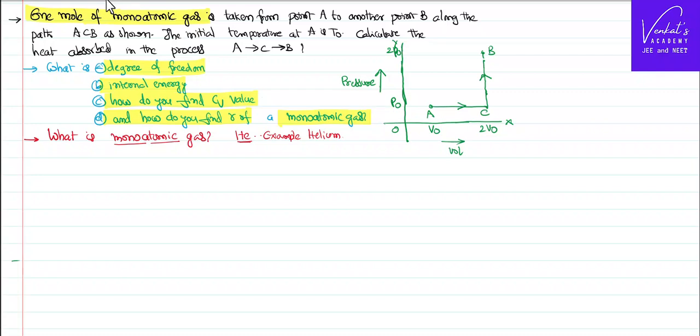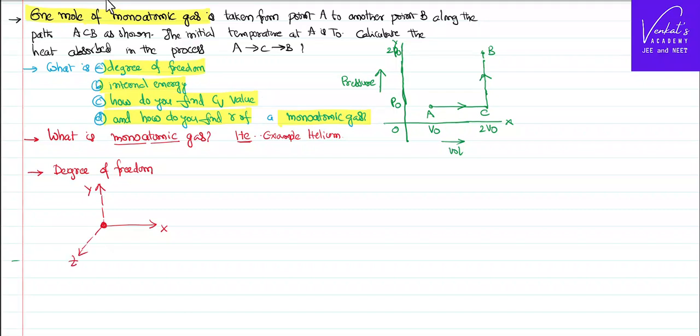So what is its degree of freedom? Let us try to understand the meaning of degree of freedom. Degree of freedom is a measure of in how many ways it is free to move. It can move along the x-axis. It can move along the y-axis. It can also move along the z-axis.